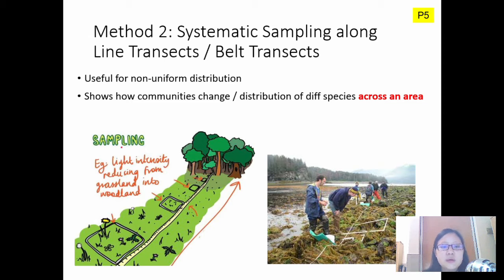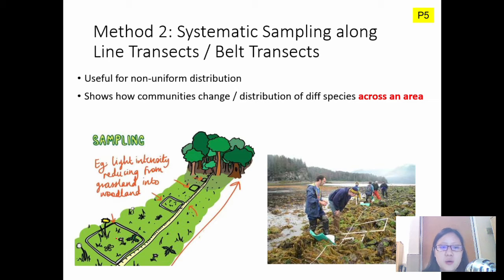So for example here, systematic sampling is used from grassland into woodland. They pull a little tape across, and basically they are taking samples from the grassland to the woodland and seeing maybe how the species change.